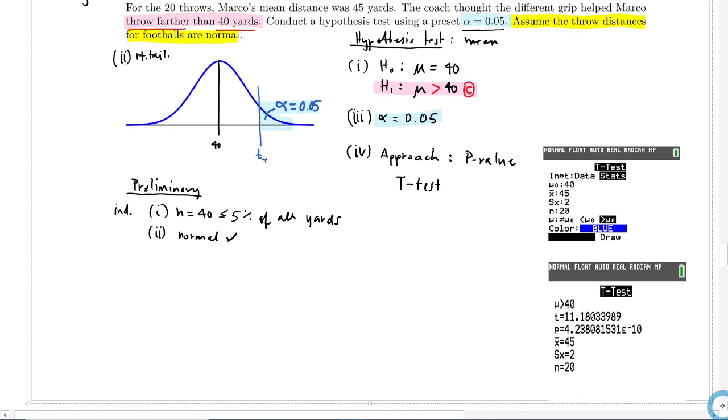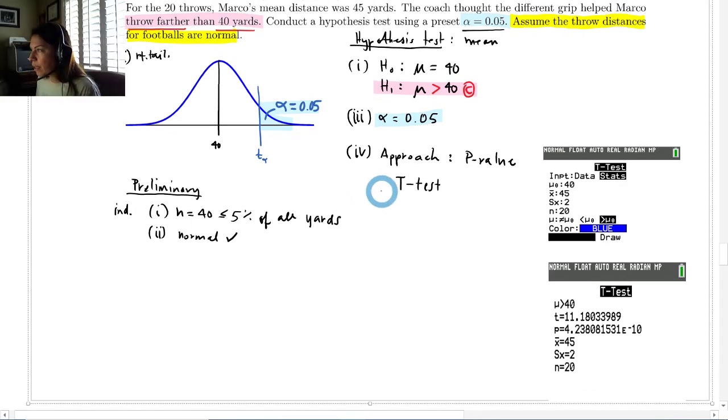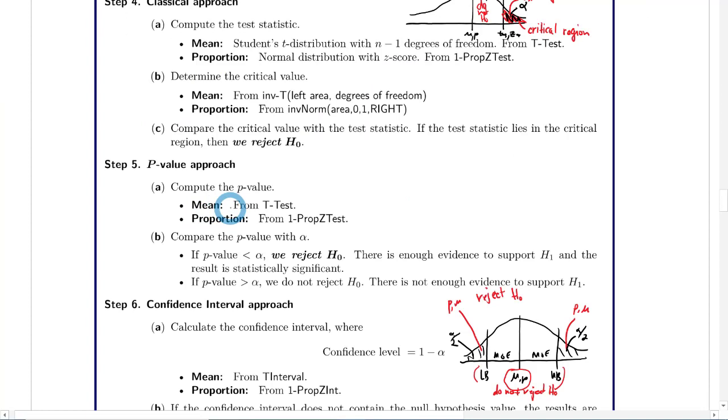Okay, so in the p-value approach, with a mean, you would just follow the directions. And again, if the p-value is in that critical region, we would reject the null. And again, I just want to emphasize what the p-value means. It says if we took another sample, what are the chances we would get the same results?